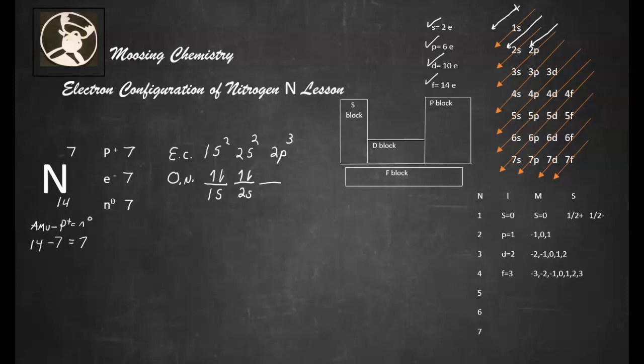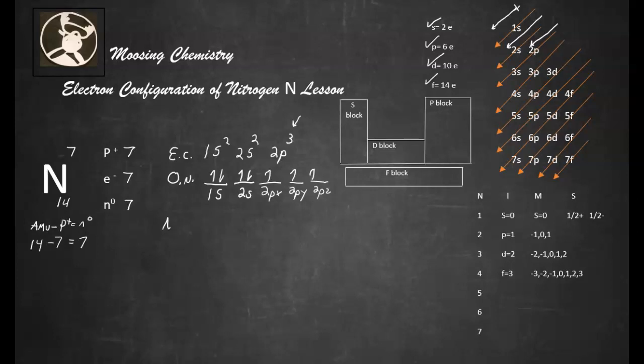Then we go 2px, 2py, and then 2pz, right? Notice that we have 3 electrons here, right? So we're going to go up arrow, up arrow, up arrow, following Hund's rule. And that's it for our orbital notation.